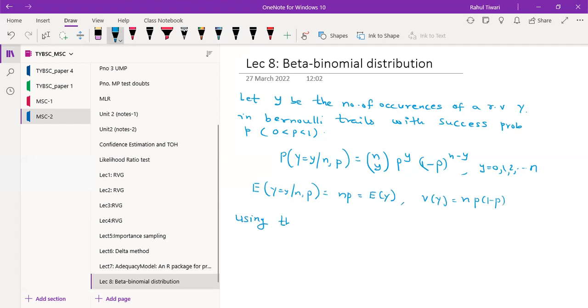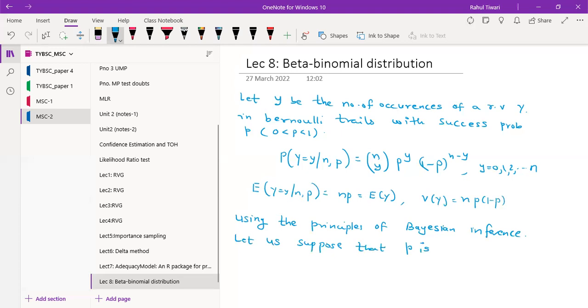Now using the principle of Bayesian inference, let us suppose that p, which is the probability, right?